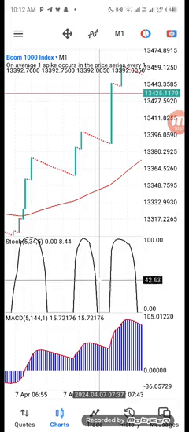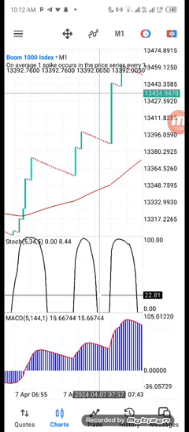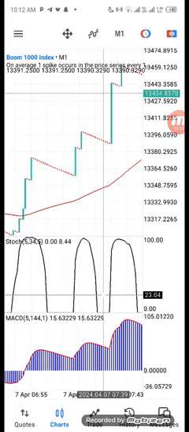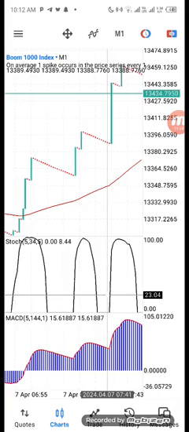Now, when the stochastic line touches 100 level, the candle is at the sixth candle before the spike. One, two, three, four, five, six. Can you see it now?